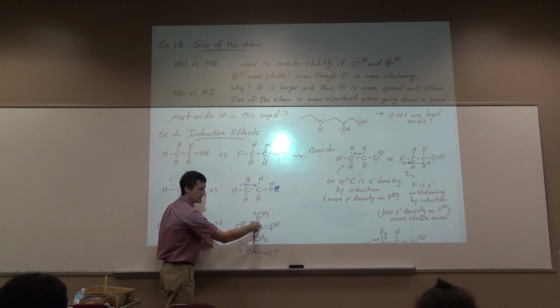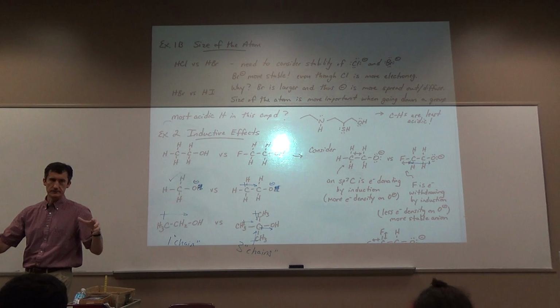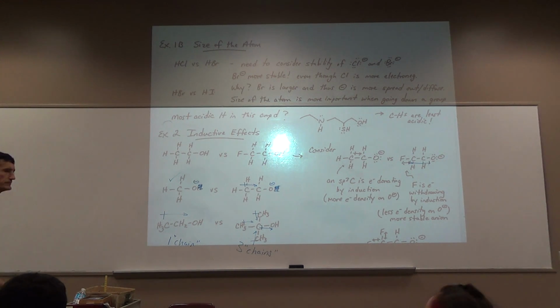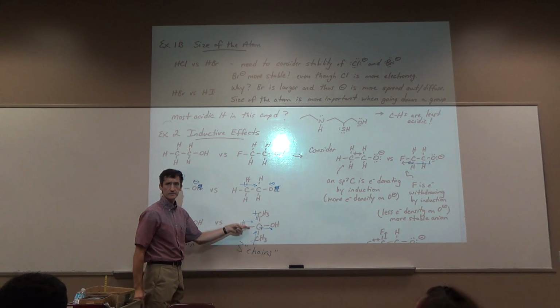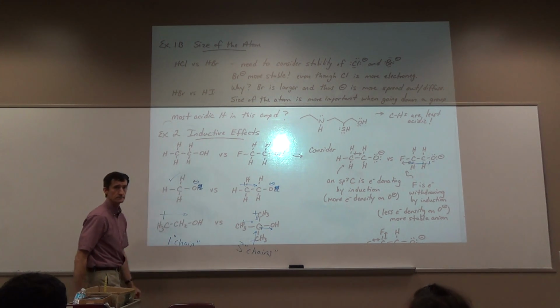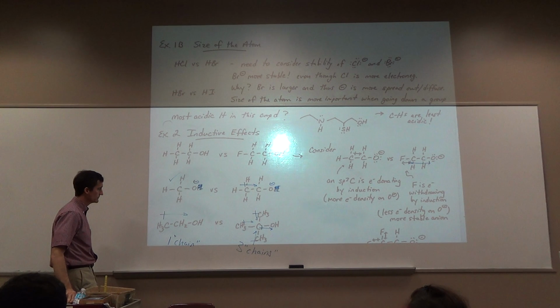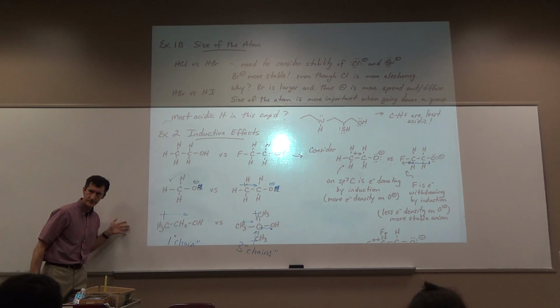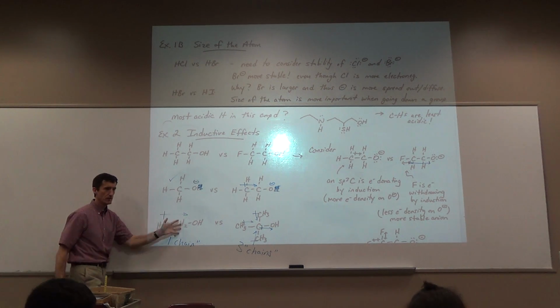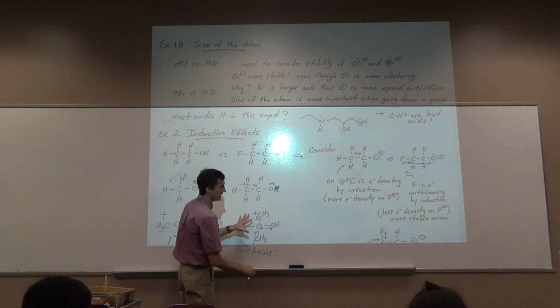The branching acts as different induction. Does that make sense? Now this could be like 10 carbons long, and it's really only considered 1 chain of induction coming towards this here, where branching is like 3.